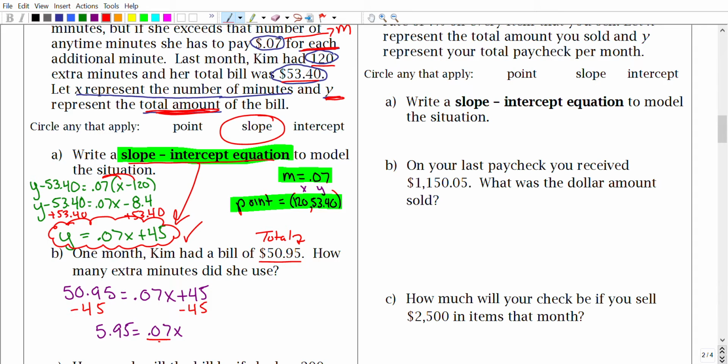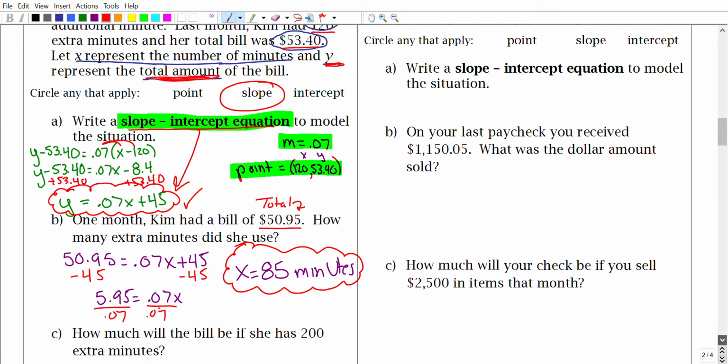Let's divide by 0.07 to get a final answer of 85 minutes. Alright, don't forget your units on here, guys.